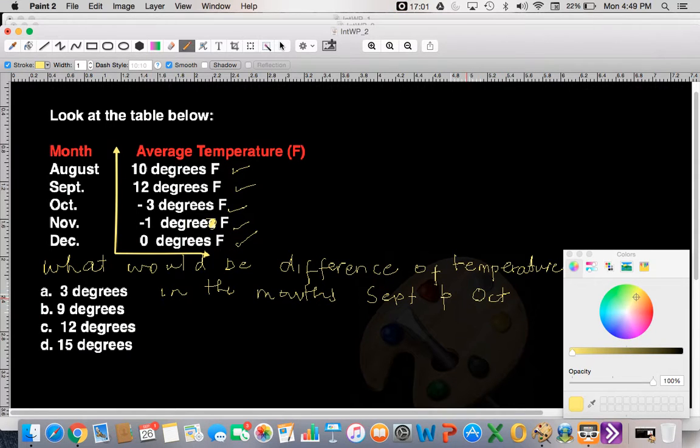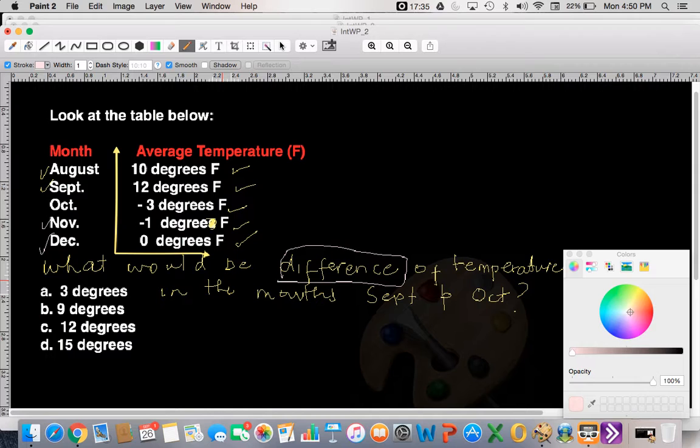Okay, so the question can give you many other variety. It could be what would be the difference between August and September, or between November and December, or anything else. But just remember the concept of the difference. So the difference talks about the subtraction.